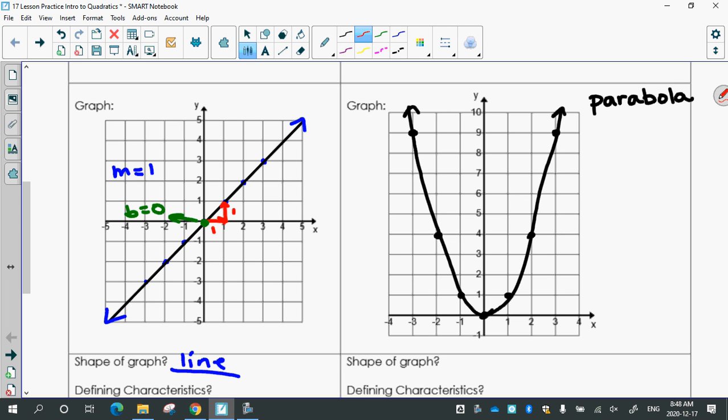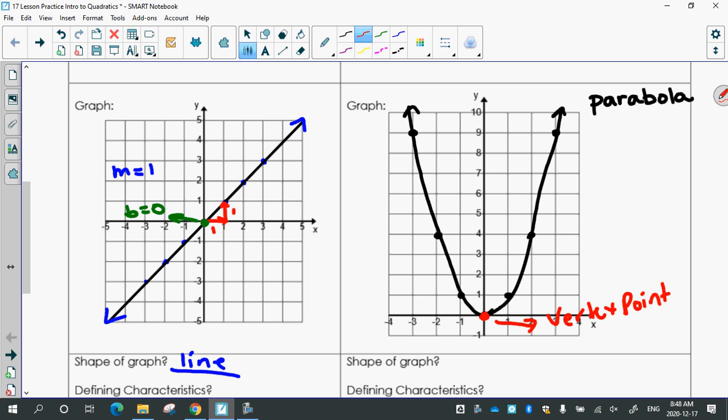Where do you think the vertex would be if you had to pick a spot? Down here? Yes. Okay, that's our vertex. It's where it changes direction from decreasing to increasing. Most people call it the bottom, but that's what the vertex is, and it's a point. The vertex is a point, so it has an x and a y.